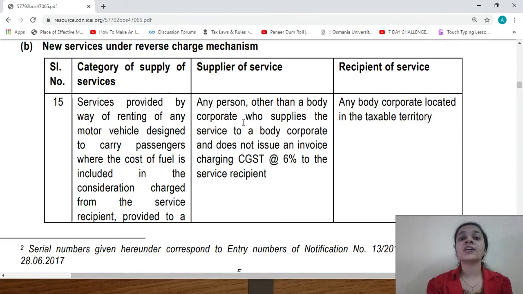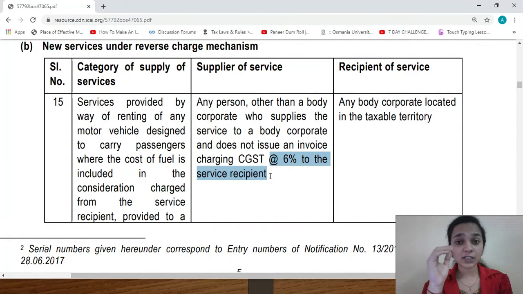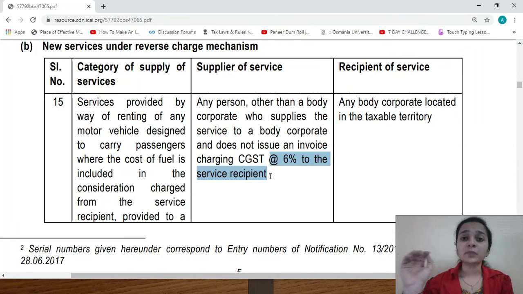So here the supplier is a person other than a body corporate, and he is supplying services to a body corporate, but the recipient here is a body corporate, and he is not issuing an invoice wherein he is charging GST at the rate of 6% to the service recipient. Like we've seen in the first slide that there are two rates, 5% and 12%. 5% with limited ITC and 12% with ITC.